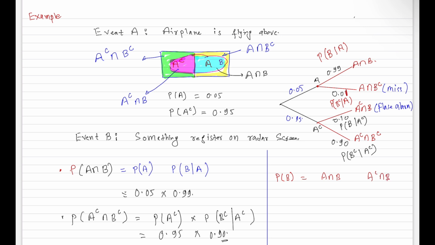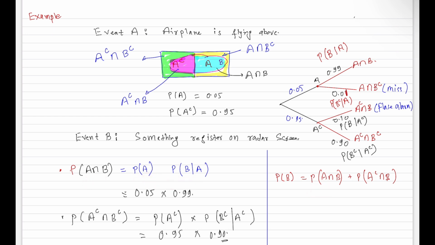So we can make use of the additivity axiom. And again you can expand this, and since we have already found these events, A and B, you can write it like this, right?